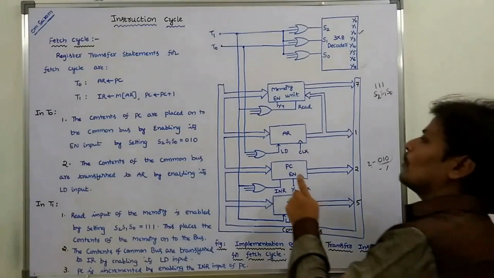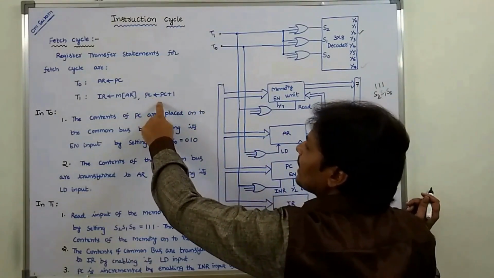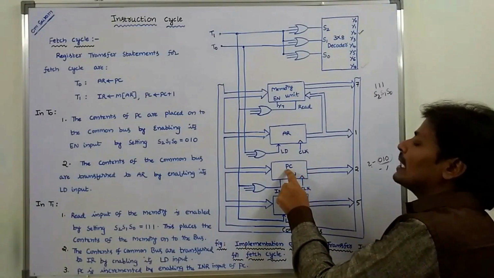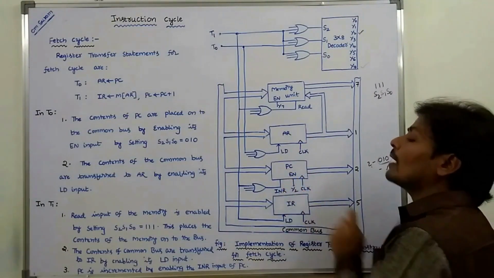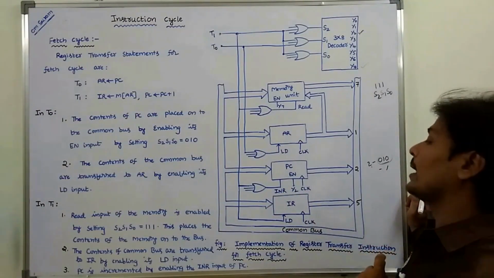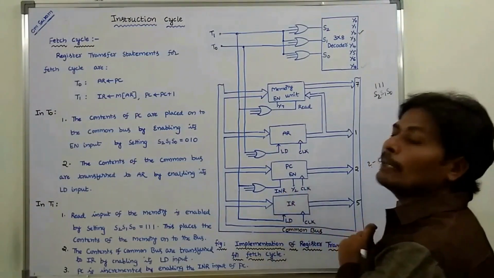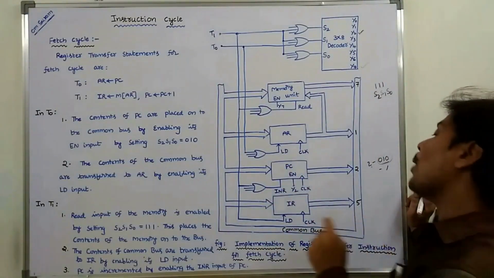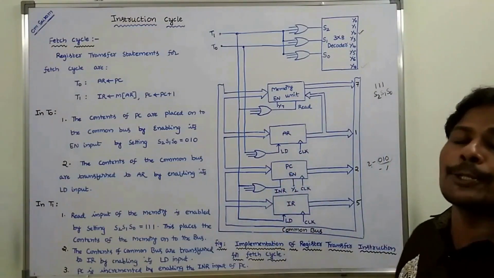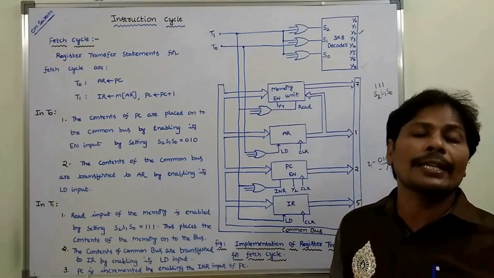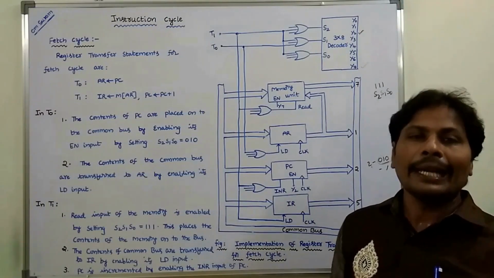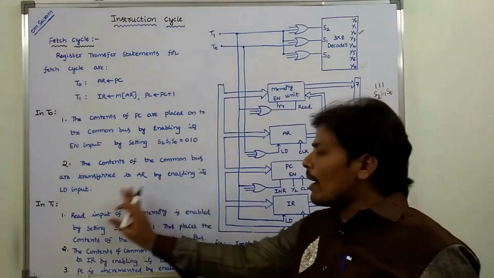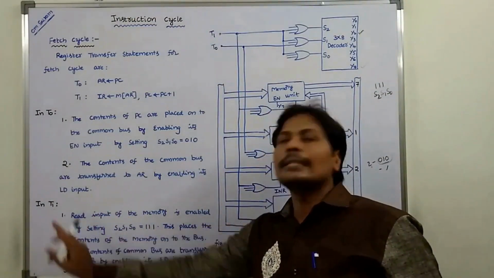After enabling the input INR, the PC value is incremented by 1. Now the PC always points to the address of the next instruction to be executed in the program. So these three operations can be done in T1.